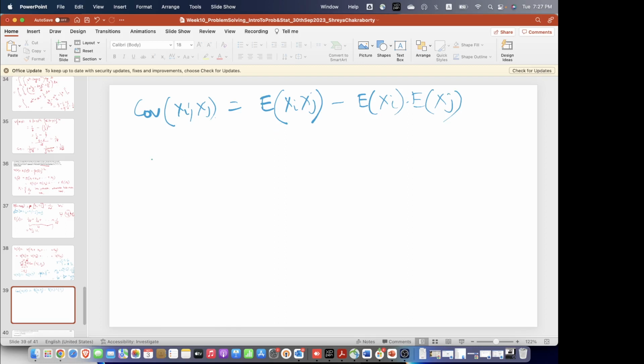Here xi xj would be equal to 1 if xi equals 1 and xj is also equal to 1, and 0 otherwise.